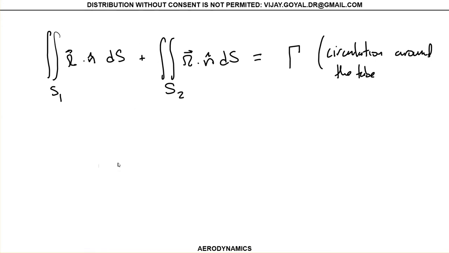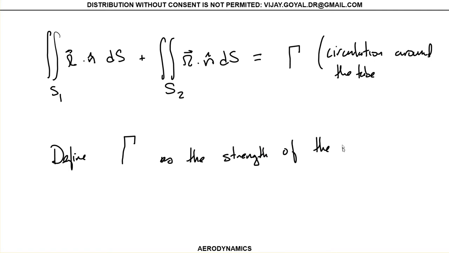So in other words, what we have done is we have basically said, and we know this, right, that your circulation we can define as the strength of the vortex tube.